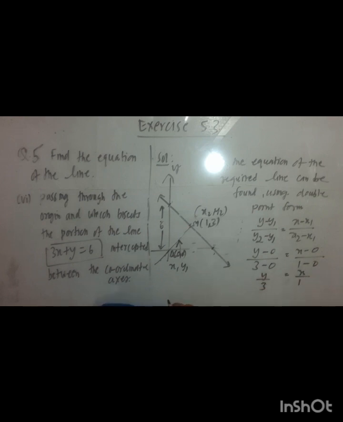If you cross multiply you will get 3x is equal to y. So 3x is equal to y is the equation of the required line. Or you can write 3x minus y is equal to 0, both ways are the same.